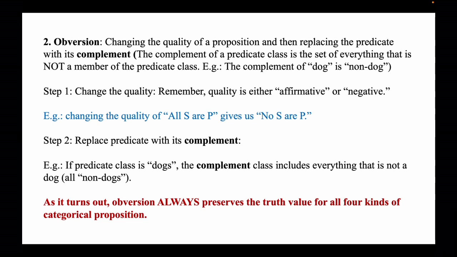It is the class of everything else that is not a member of the predicate. For example, the complement of dog is non-dog. Anything that is not a dog would be the complement.